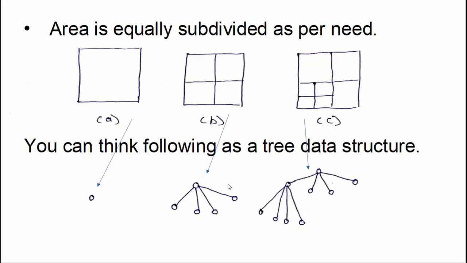Now consider that the area is equally subdivided as per need. Suppose in figure A, this is the area of interest, that is, the area over which we have to display some of the objects. If the objects are directly visible or a single object is there, we can directly display it.